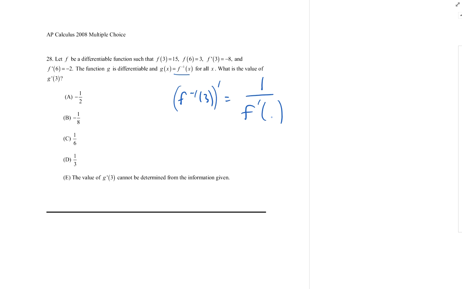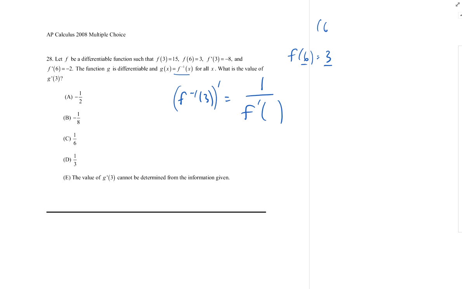And this is where you just have to recognize and remember the fact that, okay, what values do I plug into the inverse? Those are the y values. So I got to plug the x values back into the original function. And if you recognize here, this is the point f of 6 equals 3. This is my y value. This is my x value.